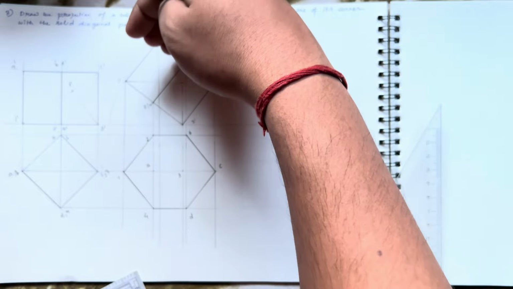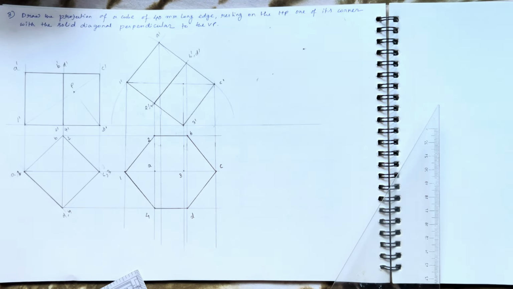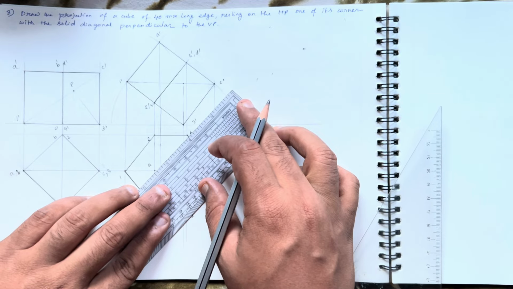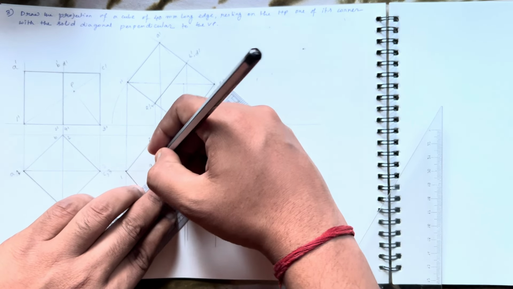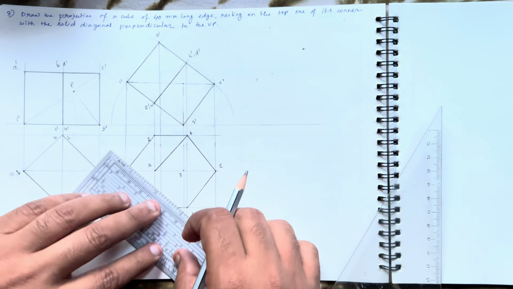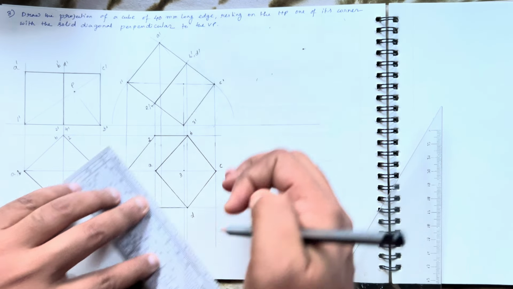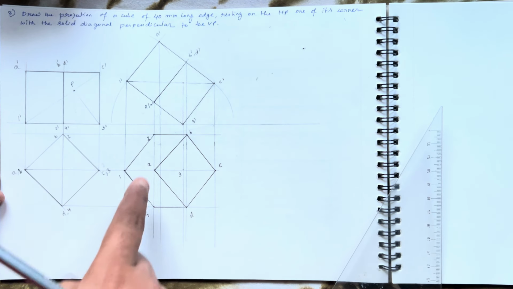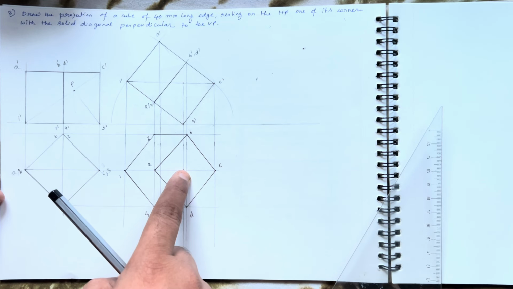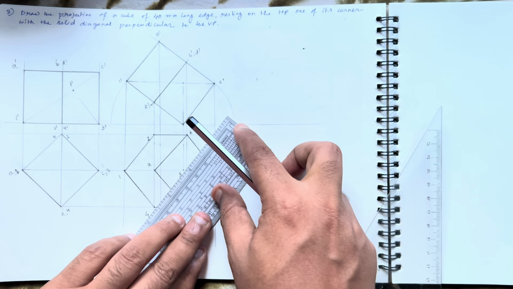If you see from the top, then the A B C sides are visible, so this one is visible, because this is your top. The upper face is visible, but the lower side is not visible. That means 4 to 3 and 2 to 3 are not visible, so make them dash lines.